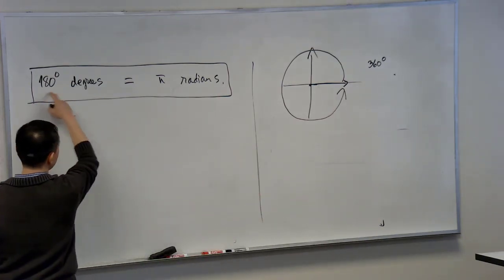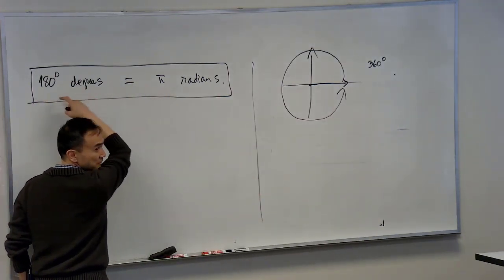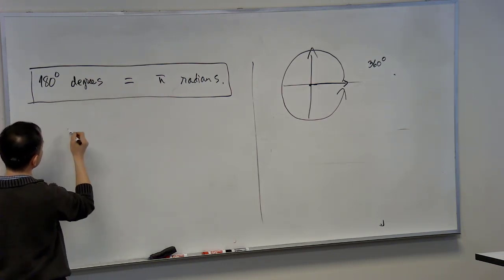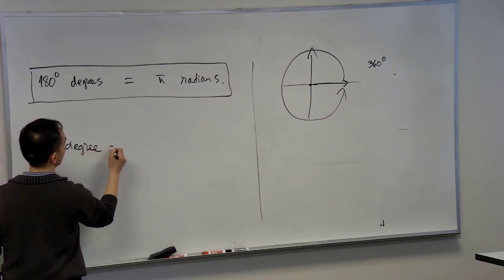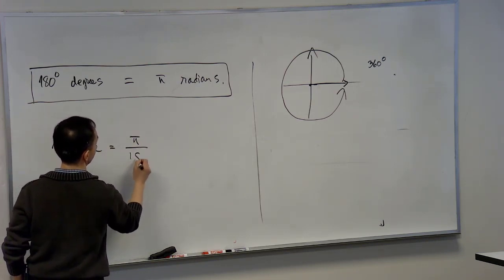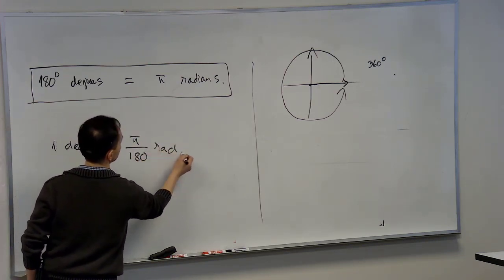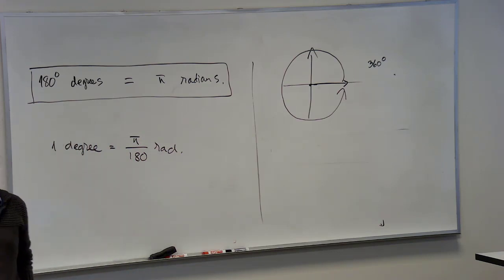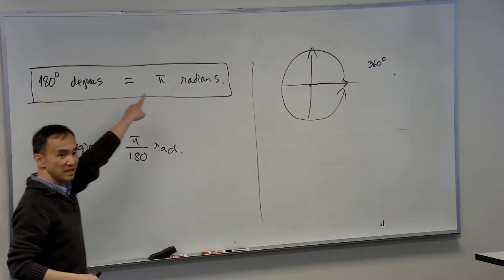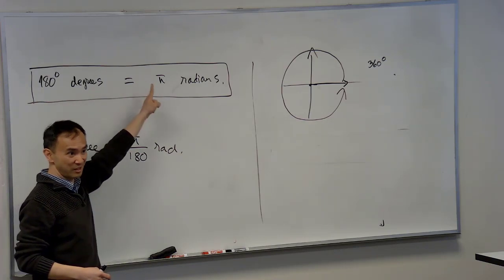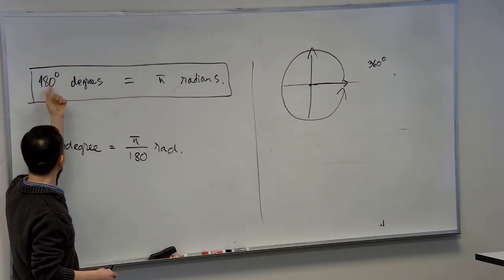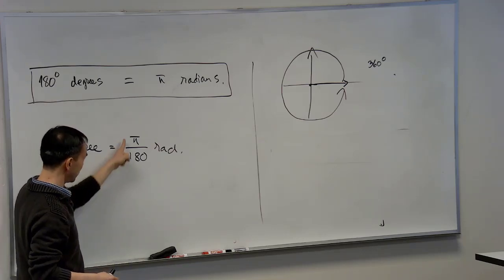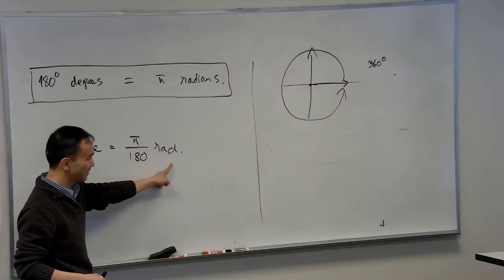So if you divide both sides by 180, then you bring yourself to what? 1 degree equals pi over 180 radians. You guys following? If you divide both sides of that equation by 180, that means what? Dividing 180 degrees, we get just 1 degree equals pi over 180 radians.